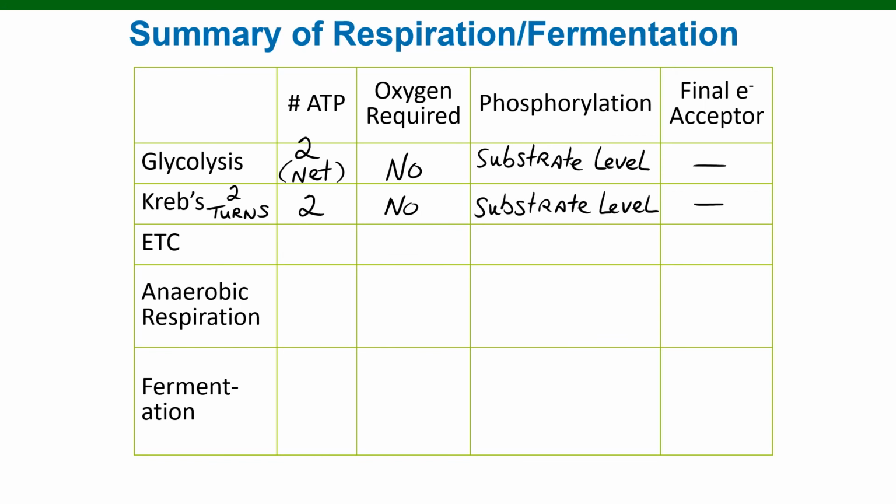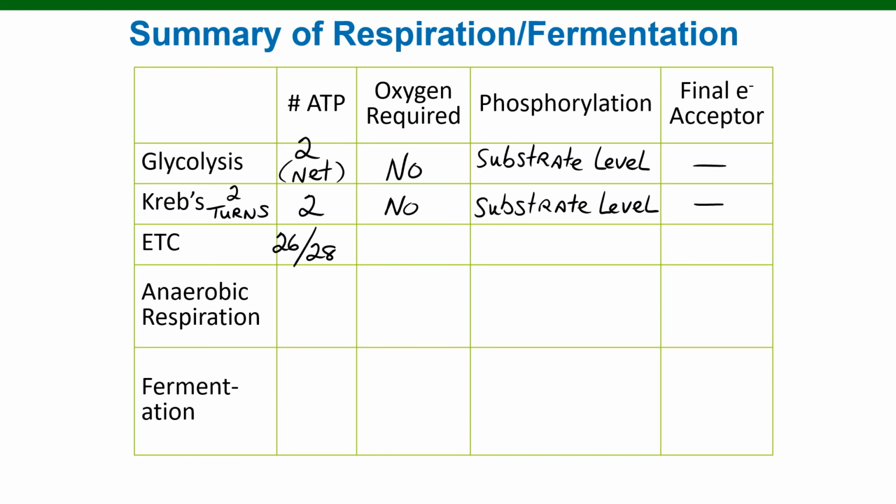And the electron transport chain produces by far the most amount of ATP. And we'll go ahead and put 28 ATP here, but it depends on the organism. So going with the modern numbers, it'll either be 26 for eukaryotes, or 28 for prokaryotes.